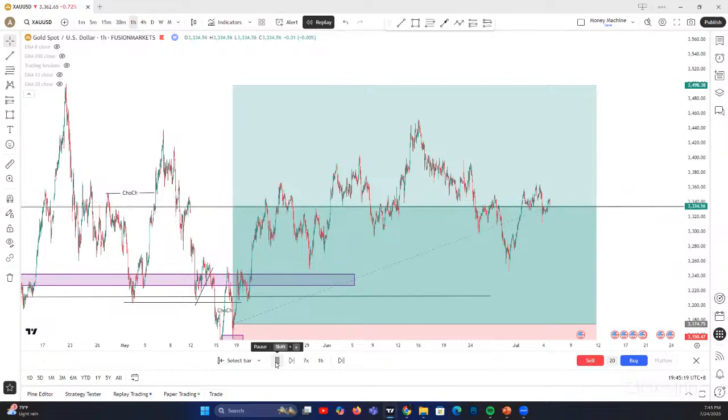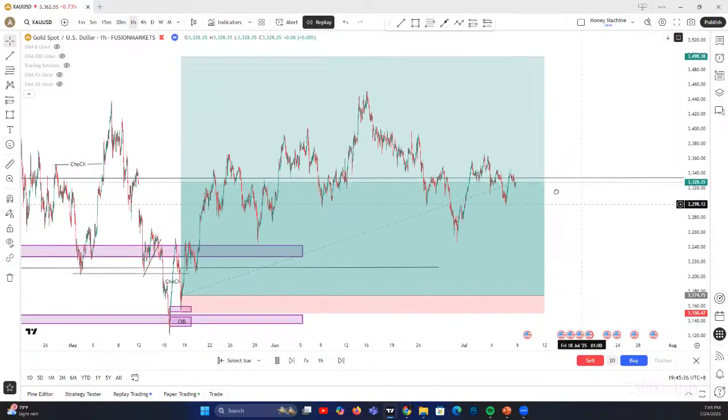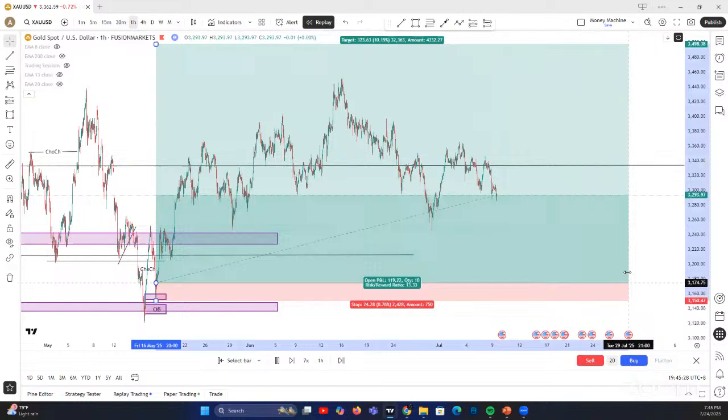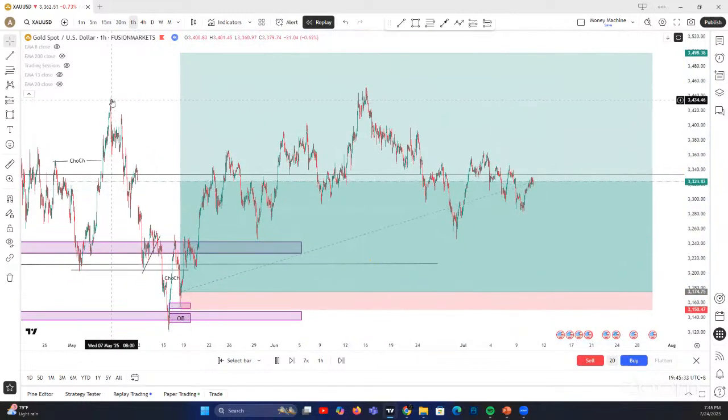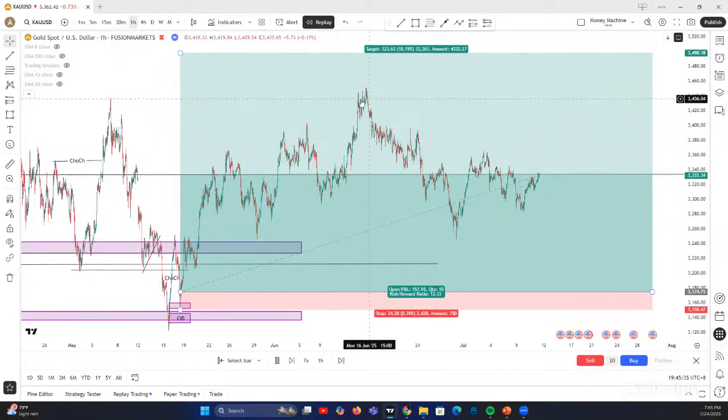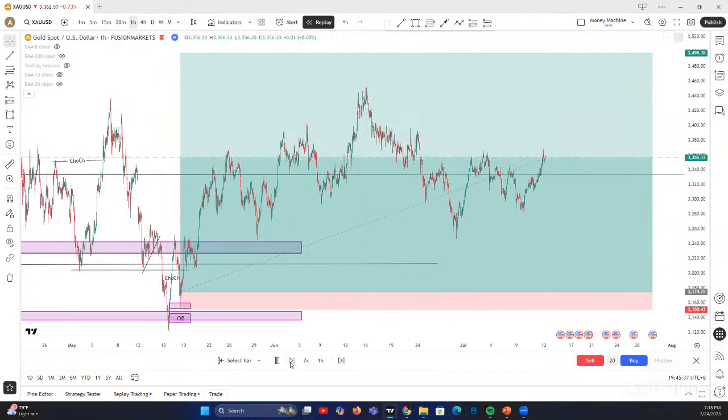Now all the time frames are aligned. It should now respect this. Okay, at this point in time, it hit this high here, huh? It hit this high here.